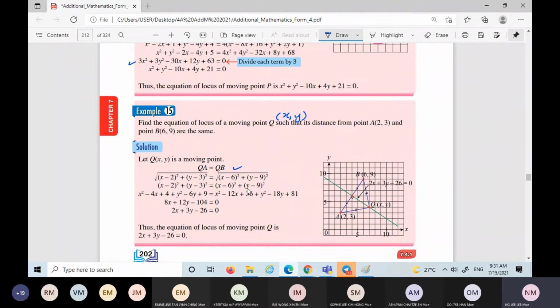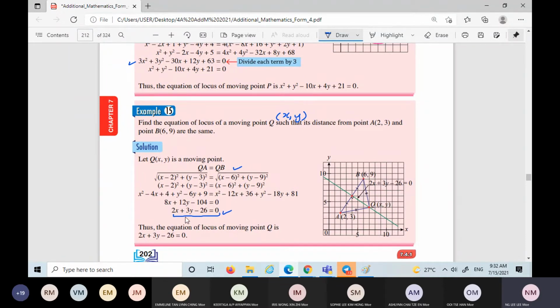We start from here, then repeat the same steps: use the distance formula, square both sides, expand and move everything to the left hand side. At the end, you will see your equation actually is a linear equation.